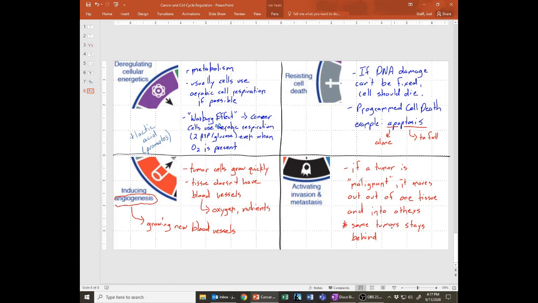However, some of the tumor cells stay behind. So what this means is that as your tumor is growing in one tissue, some of the cells flake off. They can get in blood vessels or lymph vessels or other vessels and get carried to another part of your body.